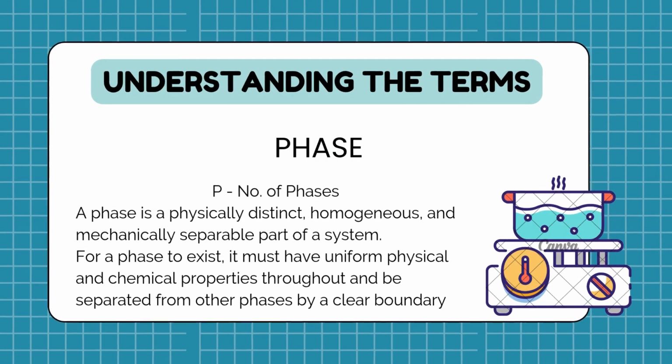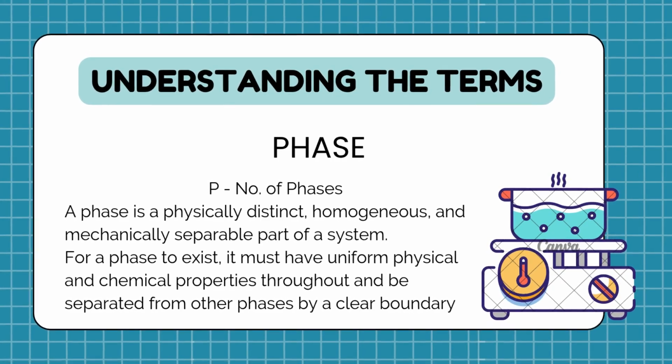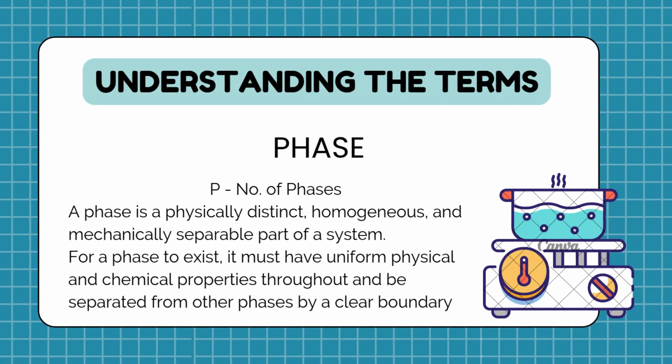Now let's understand what each term of the phase rule means. Firstly, we have P, which means phase. A phase is a physically distinct, homogeneous, mechanically separable part of a system. For a phase to exist, it must have uniform physical and chemical properties throughout, and it should be separated from the other phases by a clear boundary.